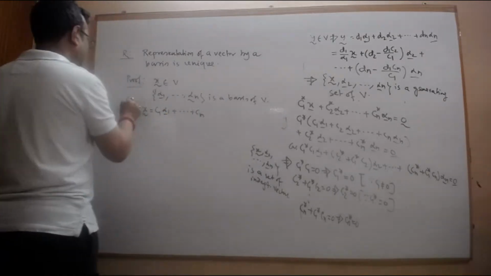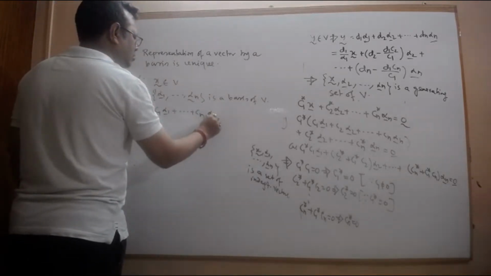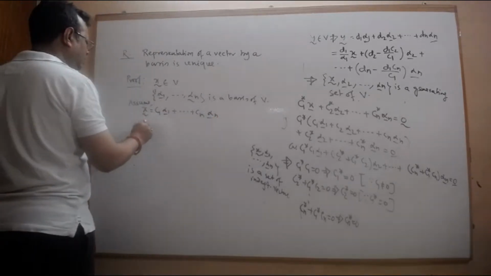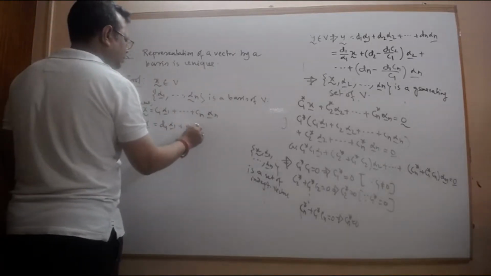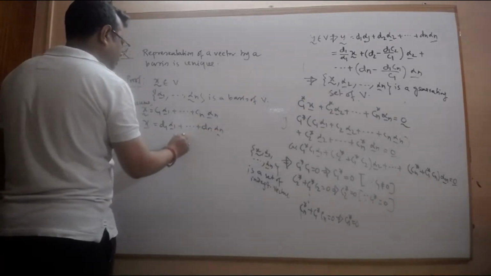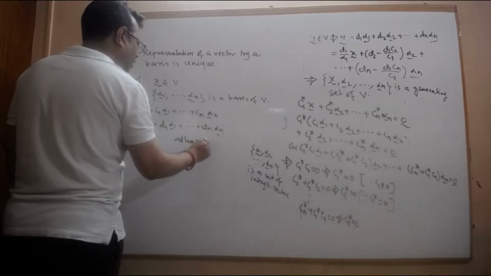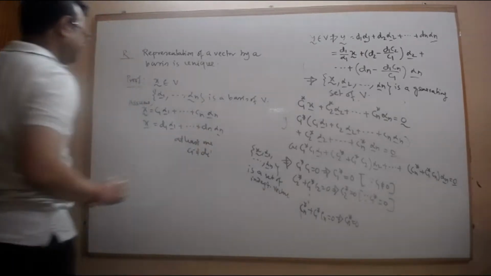We assume that this is one representation and another representation is this, with at least one Ci not equal to Di.